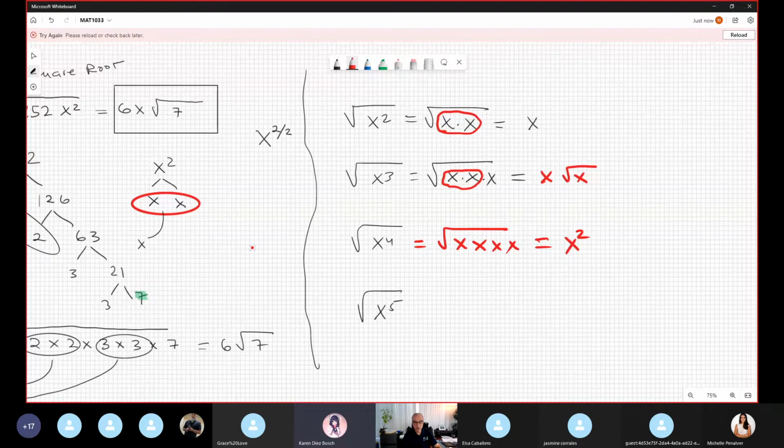Shortcut. Suppose, not necessarily to write out, because for example, this is crazy. Suppose you have square root x to the 25. So you write 25 x's, professor, to see the couples? No. 1, 2, 3, 4, 5, 6. No, it's crazy. The efficient way, the shortcut, is you break it down to the even number close to 25, but lower. In my mind, this is x to the 24 times x to the 1.